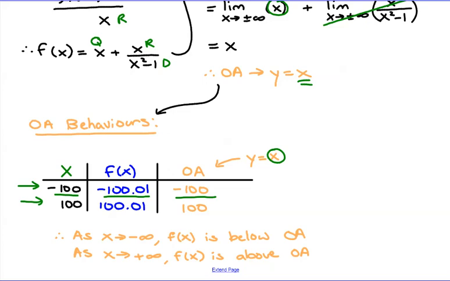Like that number is smaller than this other number. Whereas if I put 100 in, well, your oblique asymptote is going to be at +100. If I sub it into my f of x, though, the 100 is going to be slightly larger. So it's actually going to be above the 100. So let's put that into our graph and see what we have.